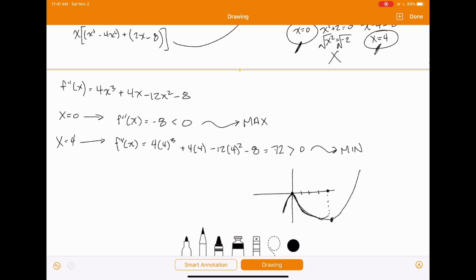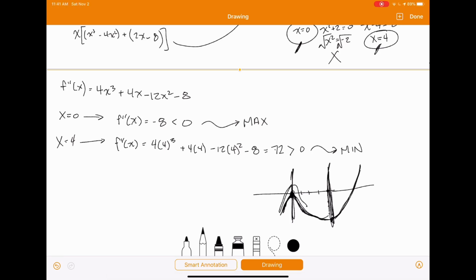So have something that looks like that. All right, so max somewhere along 0, a min somewhere along 4. And this point here doesn't necessarily have to be at 0.